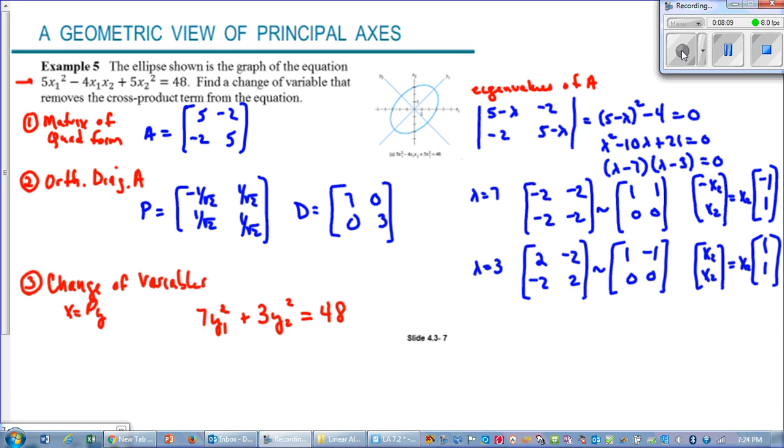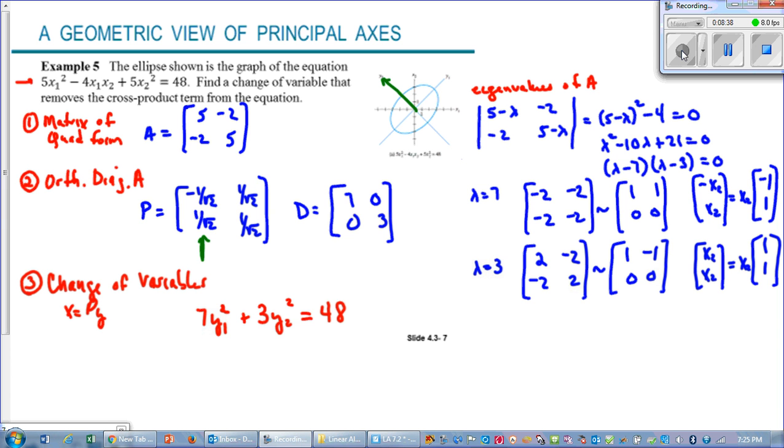Okay, now I want to point out the columns of P. Those are your axes. Looking at the columns of P, we have negative 1 over the square root of 2, 1 over the square root of 2, which is on the line y equals negative x. So this would be the vector corresponding to column 1.